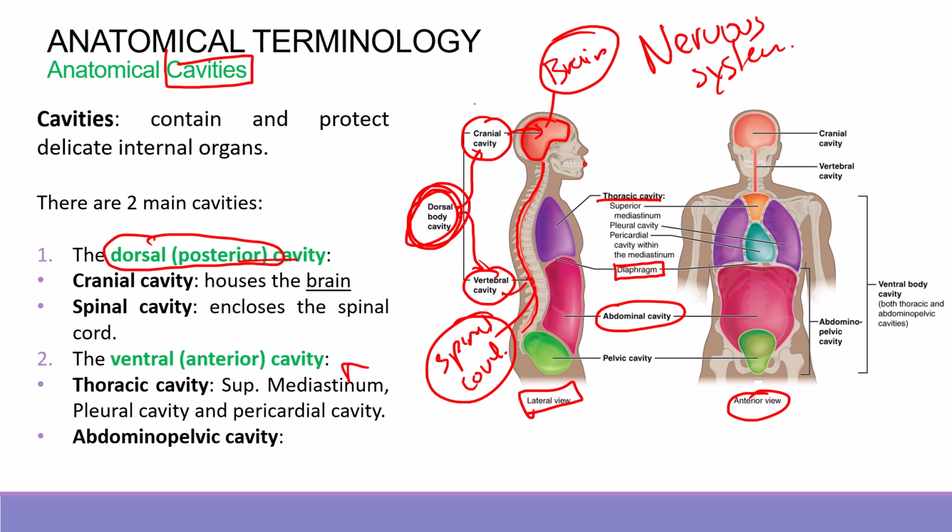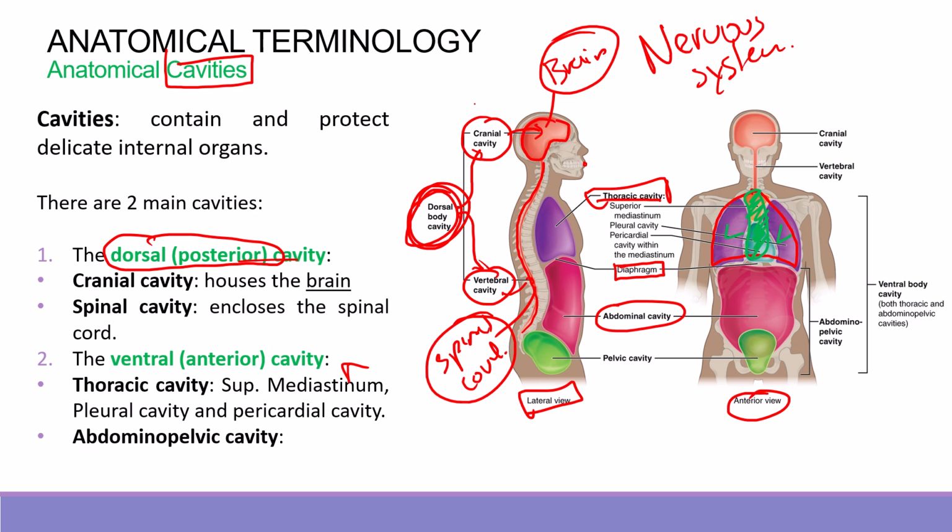Now going back to the thoracic cavity, in this case we're going to use the anterior view. First, all these together is what we call the thoracic cavity. Now the thoracic cavity, and I'm going to change the color here, can be divided in two regions, or sorry, two cavities. The ones that are in the center, and the ones that are more lateral.